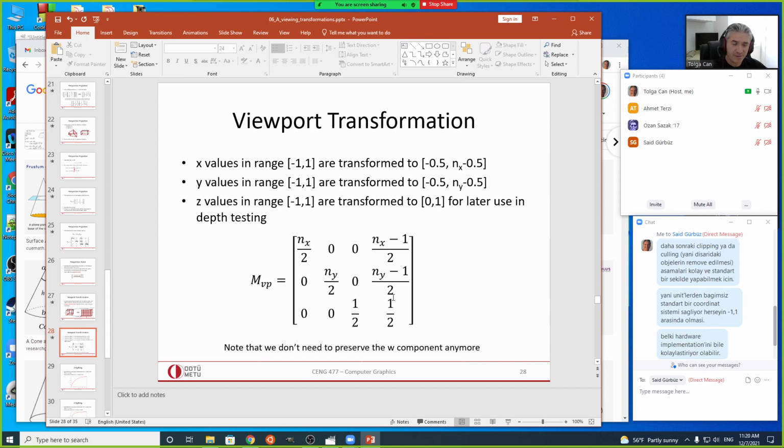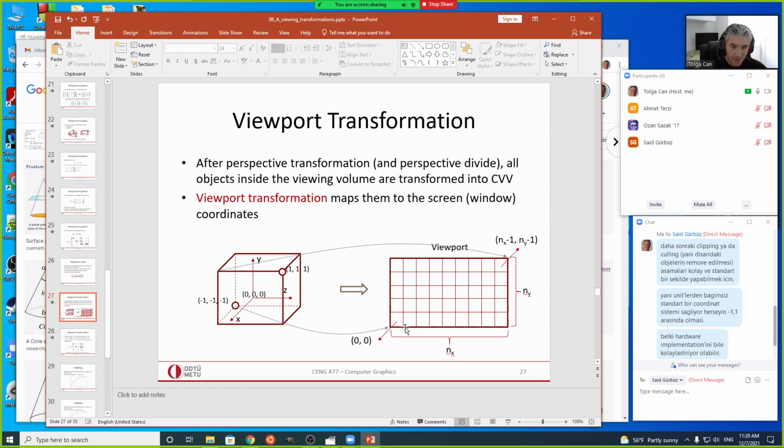It's just a linear scale, therefore it's very simple. It's not a very difficult thing to do. All the ranges that are between -1 and 1 are transformed to between -0.5 and nx - 0.5, because at the corner of the image window, the center of this pixel is 0, 0.